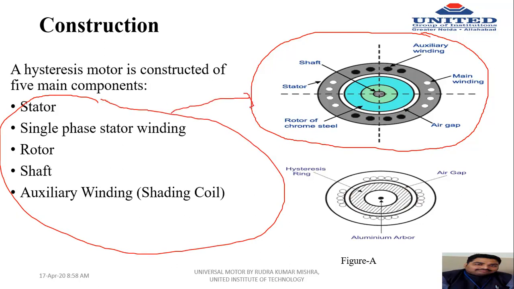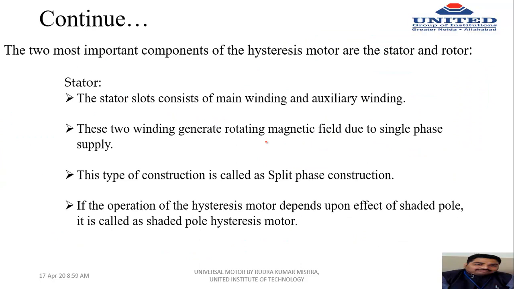Next. The two most important components of hysteresis motor are stator and rotor. The stator slot consists of main winding and auxiliary winding. Auxiliary winding is also known as saddle poles.